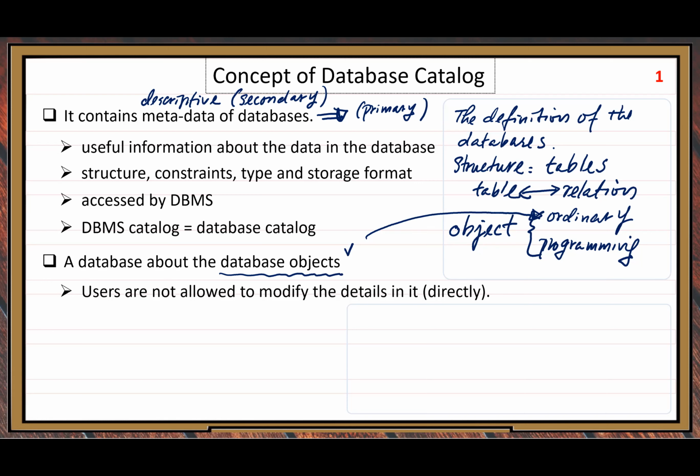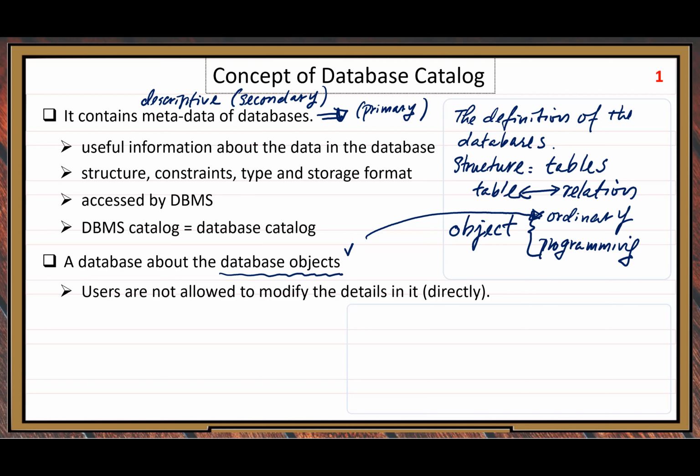One database, all right? One database, you have a collection of data, right? That collection, we call it an object. That's the general meaning, ordinary meaning, right? Collection of data, that ordinary object.